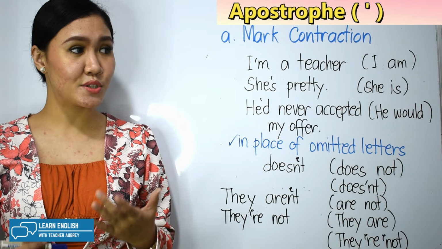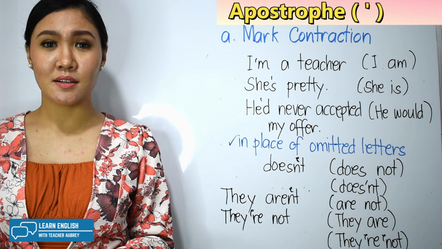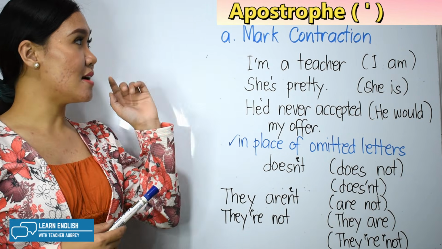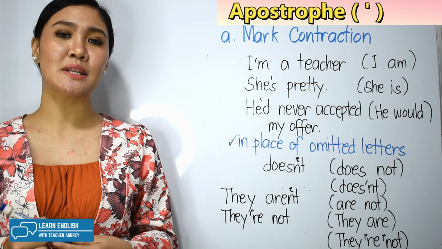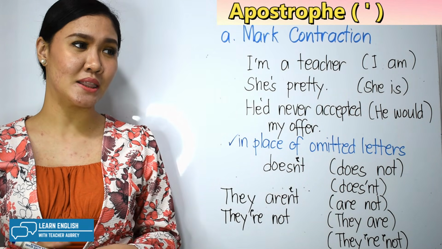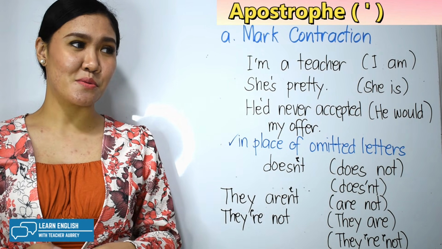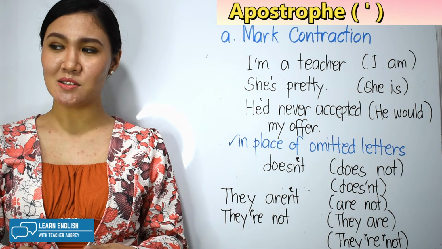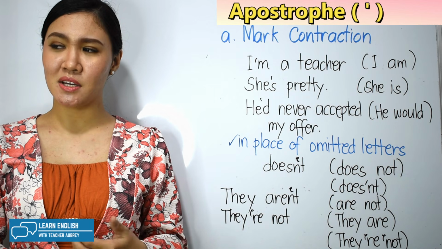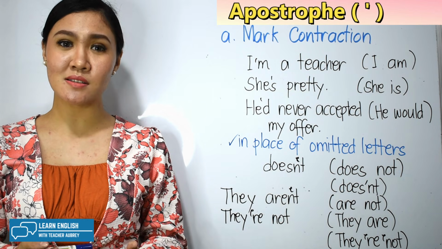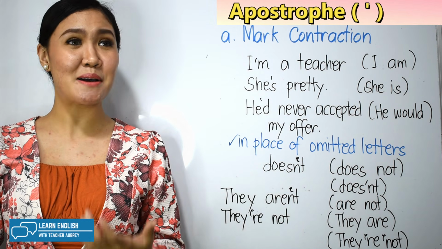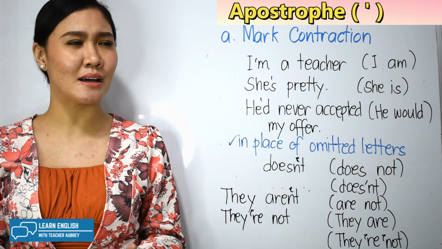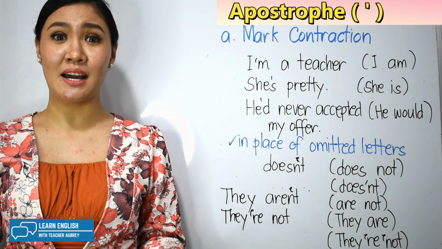And now, let us move on to another punctuation mark. It is not part of the terminal and also the pauses. It is the apostrophe. Isa ito sa pinakamahalagang punctuation mark na dapat ay alam natin kung paano ginagamit. Dahil ako, whenever I read posts on social media, whenever I read comments, or even my students' outputs, ito yung isa sa maraming beses kong nakikitang nagkakamali ang mga mag-aaral.